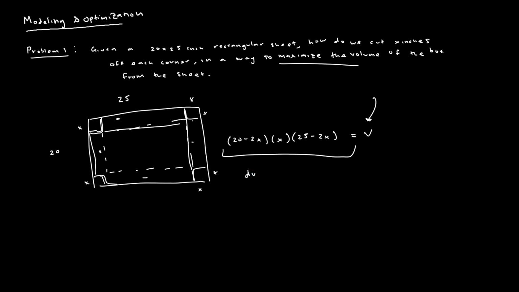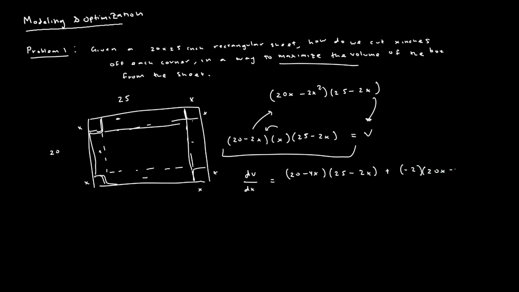So dV over dx. Before I find the derivative, let me write this equation in a way that makes finding the derivative easy. I'm multiplying the x in, so I get 20x minus 2x squared, times 25 minus 2x. Now I'm going to use the product rule. dV over dx is equal to 20 minus 4x times 25 minus 2x, plus minus 2 times 20x minus 2x squared.